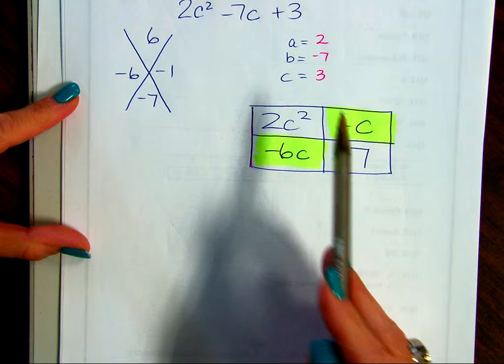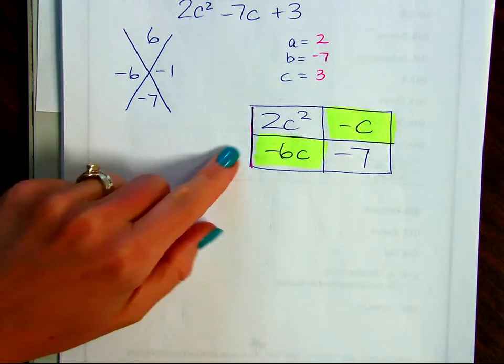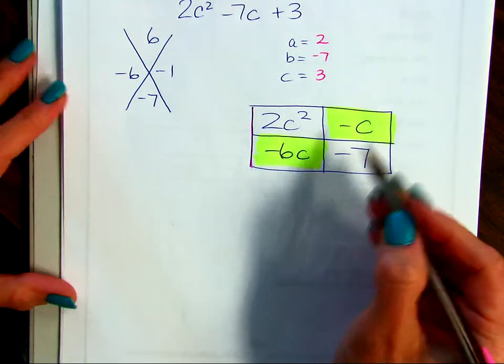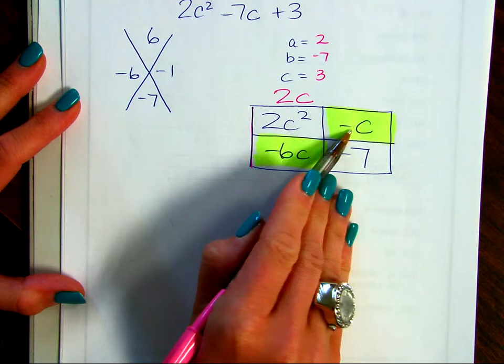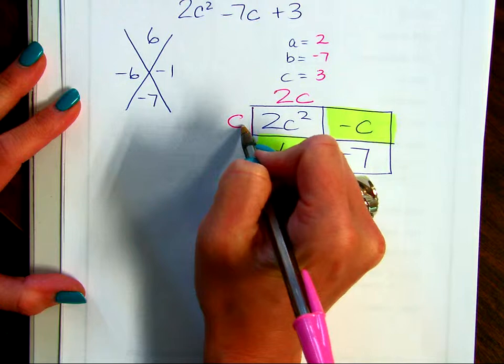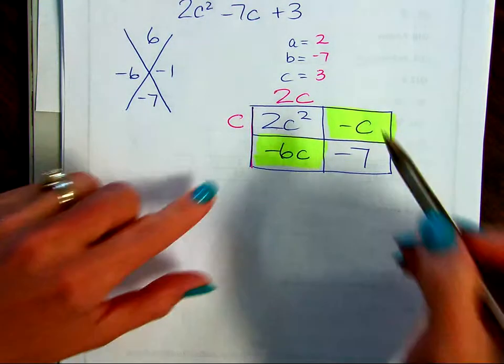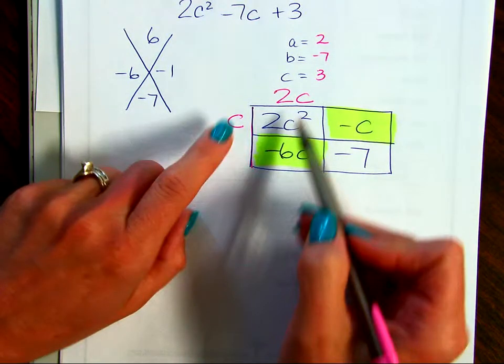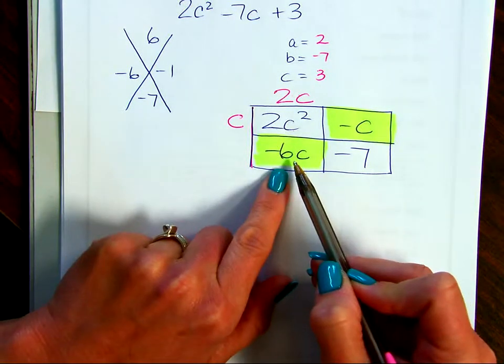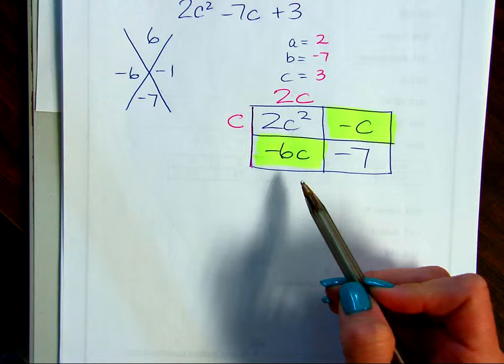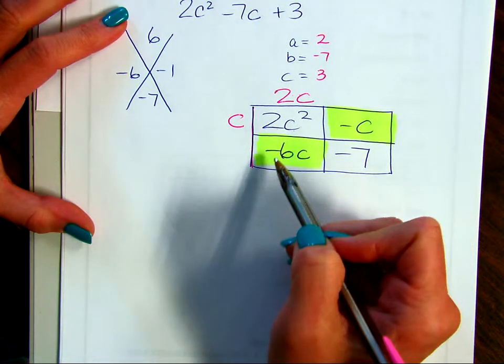So what does a 2c squared and a negative 6c have in common? A 2 and a c. What does a 2c squared and a negative c have in common? Just a c. Now I can do the other two. This times this is that. So this times this needs to give me that.